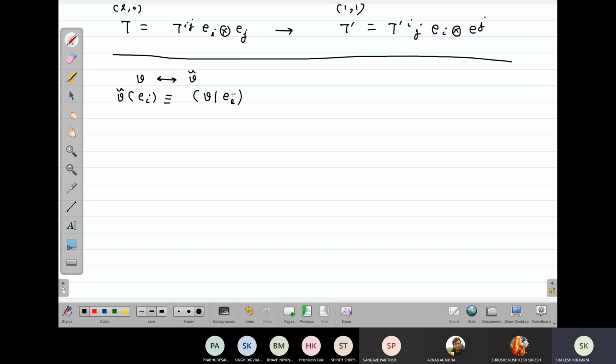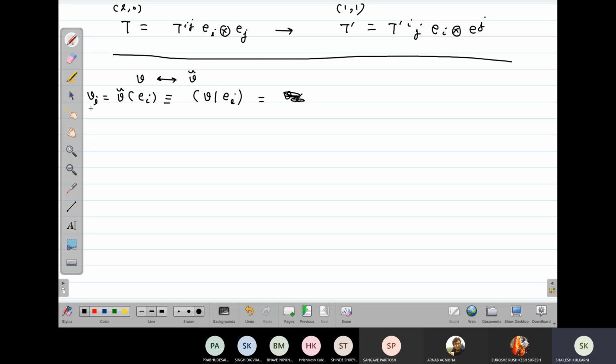Through this I get a component. So this is nothing but your v_i, your v lower i. So if I express v as a linear combination of e_i, I will get v^i here.